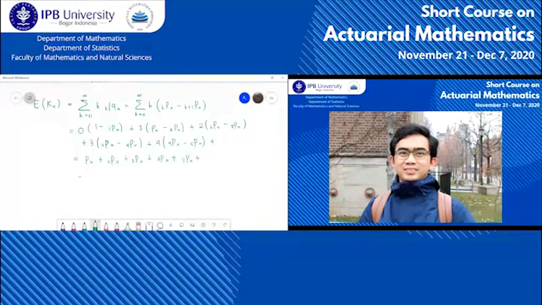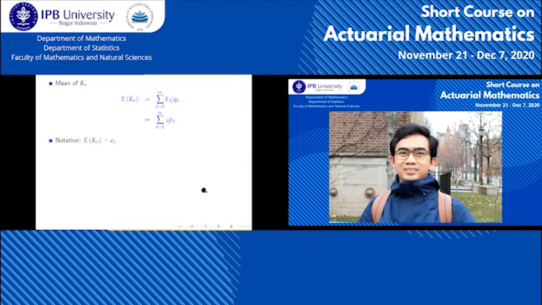So we end up with a nice formula: the sigma from 1 to infinity of k px. So we have a simple expression for the mean of Kx, and the notation for the expectation of Kx is small e x.